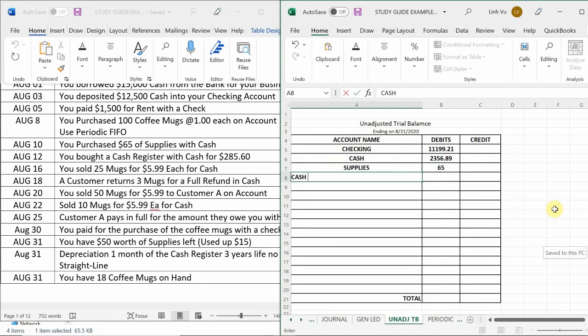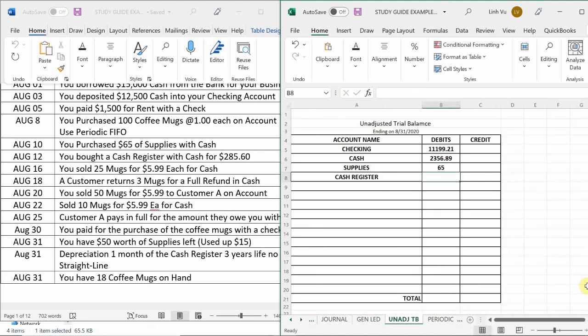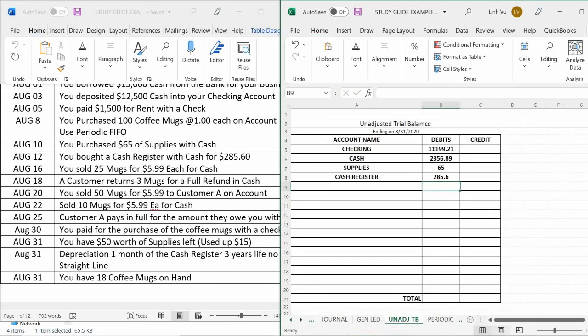Then you have your cash register. Then we got the supplies for 65. Then we have the cash register for 285.60. Okay.